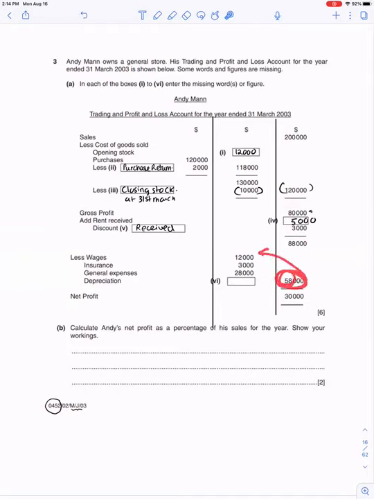So if we go reverse, 58,000 minus 12,000 minus 3,000 minus 28,000 will give me the figure of the depreciation, which would be 15,000. Just check it, add all the figures, it should come up to 58,000. So 12,000 plus 3,000 plus 28,000 plus 15,000 gives me 58,000.